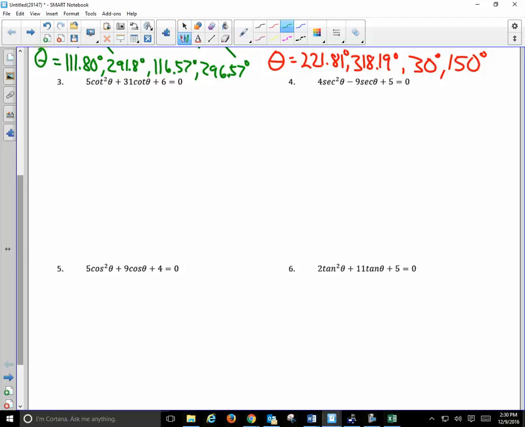For secant, I could use 4 and 1, or I could use 2 and 2. Let's try 2 and 2. Five, and it multiplies to a positive 5, but it adds to a negative. So are they both going to be negative, or are they both going to be positive?